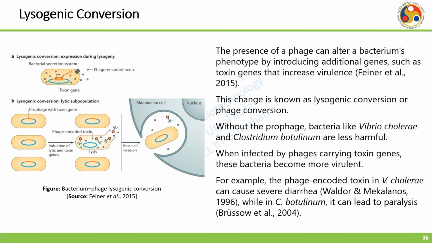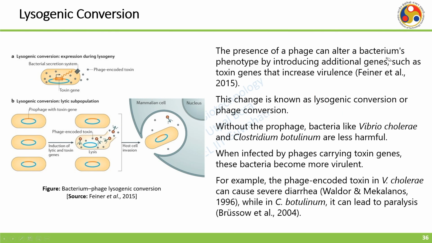An important concept is lysogenic conversion. The presence of a phage can alter a bacterium's phenotype by introducing additional genes, such as toxin genes, that increase virulence. This change is known as lysogenic conversion or phage conversion.